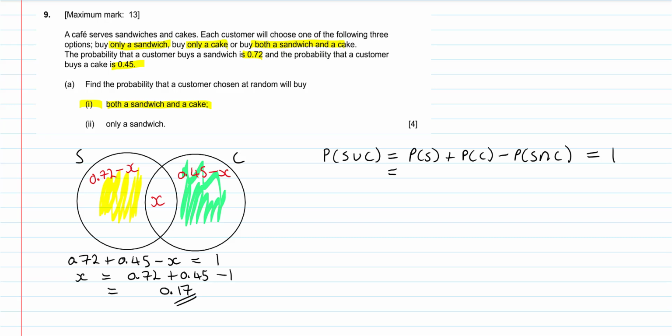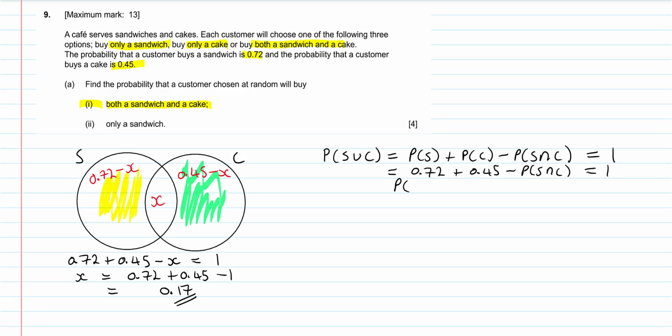Then we plug in our numbers again: 0.72 plus 0.45, minus the probability of S intersect C, which is what we're trying to find, set equal to 1. We get the same answer as before, which is what we'd hope, obviously.